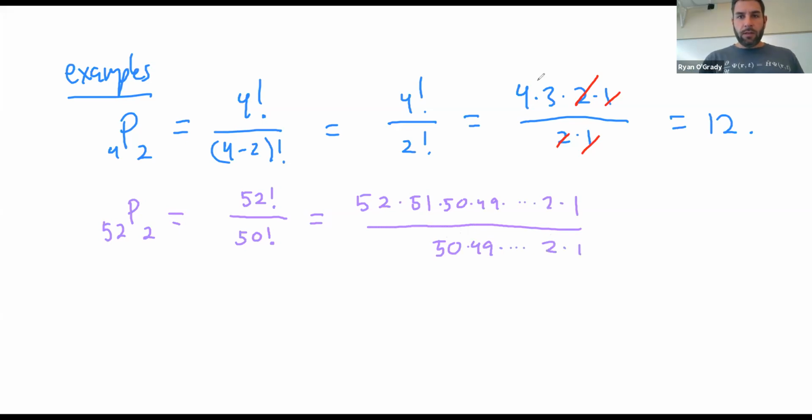But all these things cancel. And you're left with 52 times 51. Which is what, 26, 51? 2652.